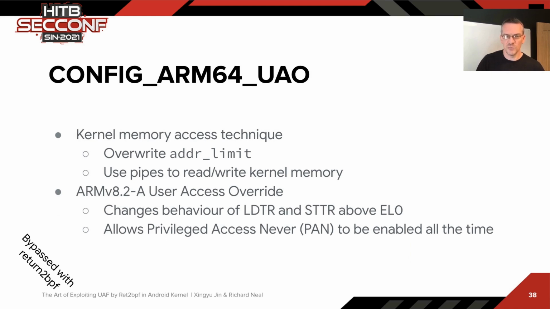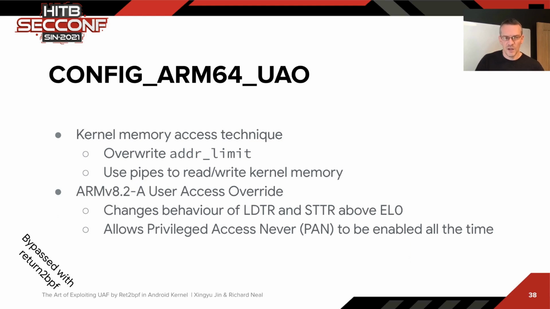If the UAO bit is clear, the instructions are unprivileged and cannot access kernel memory. So, whichever state the UAO bit is in, one of the read or write operations will fail, and the attacker cannot access kernel memory using this technique. This mitigation can be worked around using the Ret2bpf technique described earlier. Address limit protection has also changed in more recent versions of Linux, resulting in the removal of this configuration option.